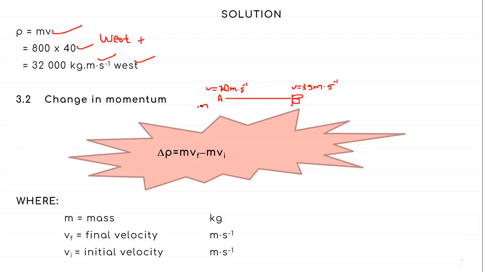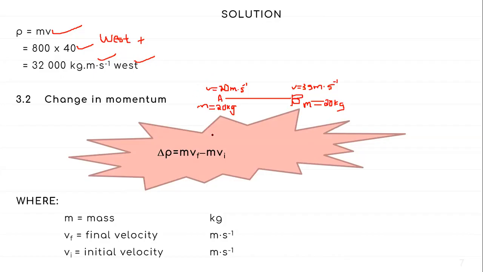And let us say it was an object that had a mass of 20 kilograms. So even when it's at point B, the mass is still going to be 20 kilograms. Now, what does this mean?